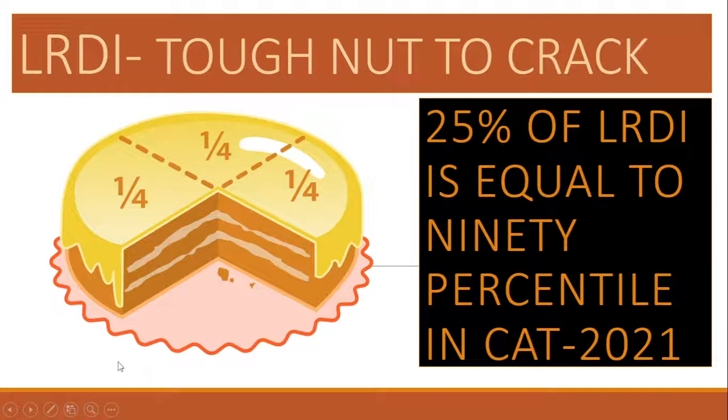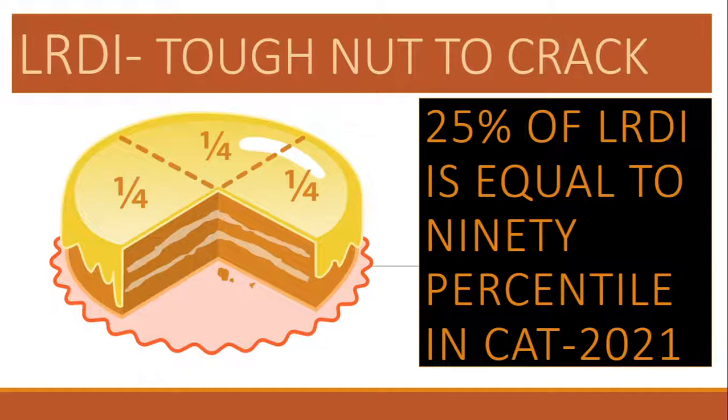The first information that all of you should be aware of: you are not supposed to solve all the questions in LRDI that come in CAT. When there used to be 32 questions in 1 hour, by solving 8 questions correctly, one can very easily score more than 90 percentile. Percentile is not the percentage.